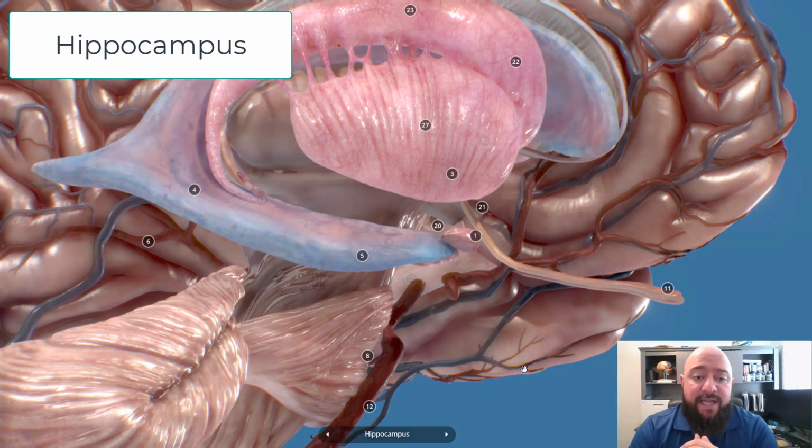If you were to damage this area, you probably wouldn't be forming any more new memories. A good example is the movie 50 First Dates, where the main character got in a car accident and couldn't form any new memories. She could remember everything up to that accident, but then nothing else. That's a good way to conceptualize what damaging your hippocampus is like.